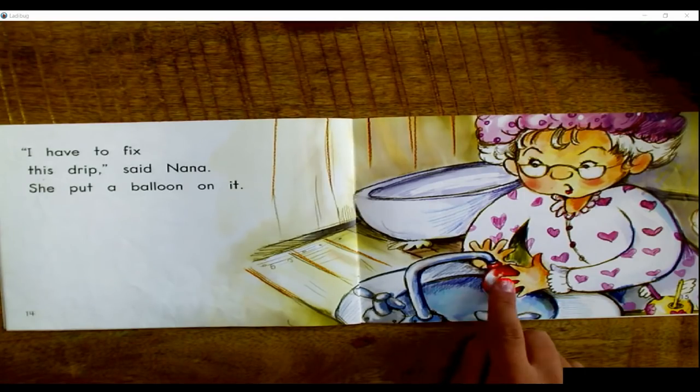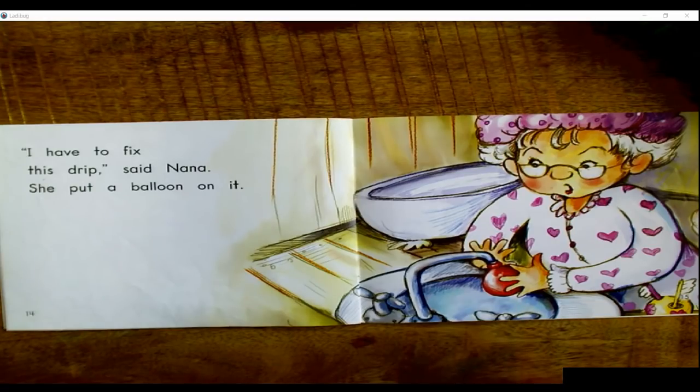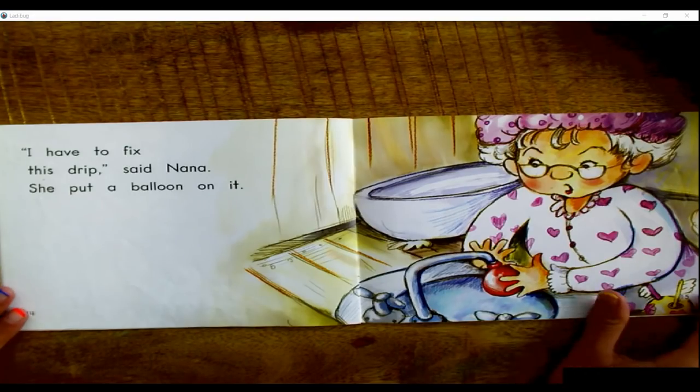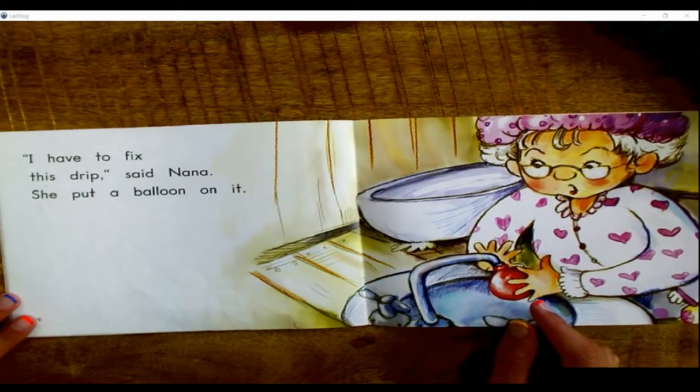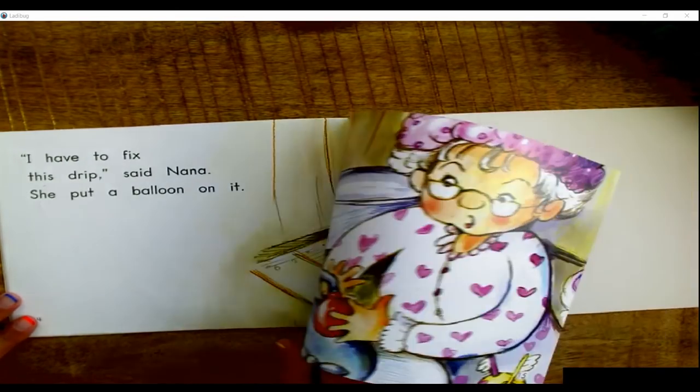By looking at a balloon being filled with water, do you have a prediction about what might happen next? Take a moment and share your prediction with someone sitting next to you. Did you make a prediction? Now, as good readers, we'll read the end of our story and check that prediction. And we'll also check to see if the solution worked.